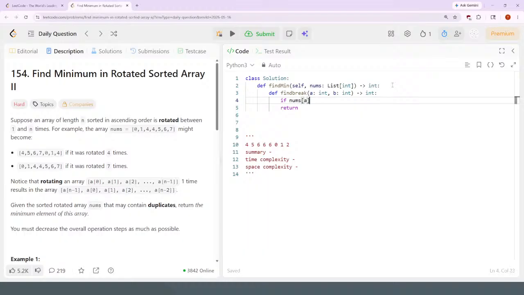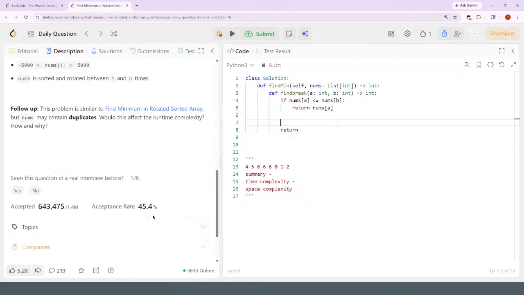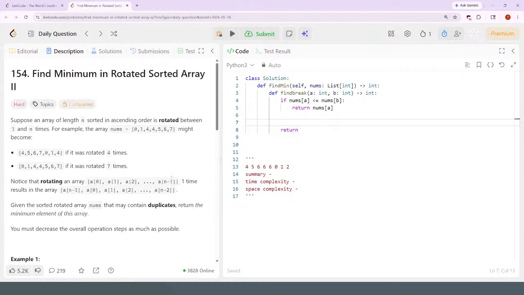So if nums at A is less than or equal to nums at B, then return nums at A. If I'm somehow looking at just A and B where 6 and 6 are, the lowest value there is still 6, right? I assume this is pretty hard, it actually has a low acceptance rate.